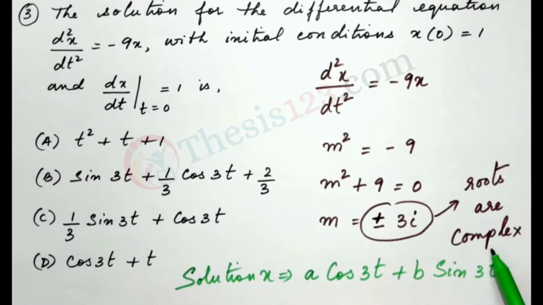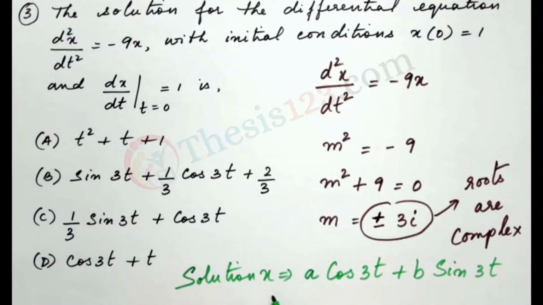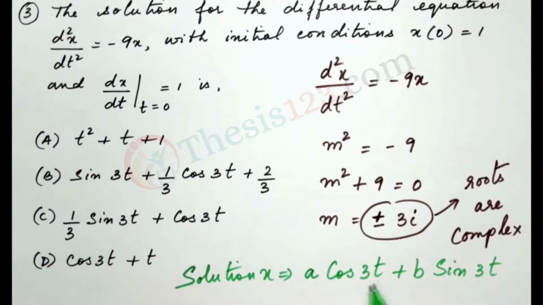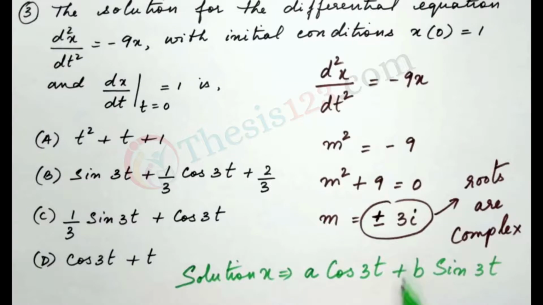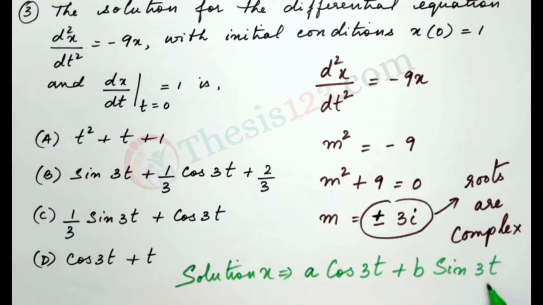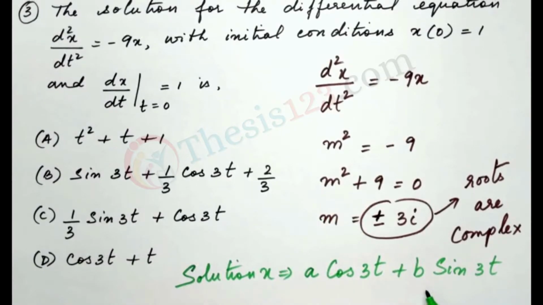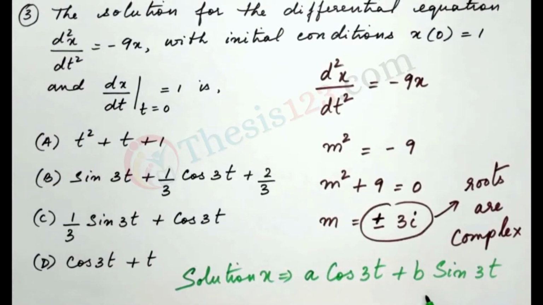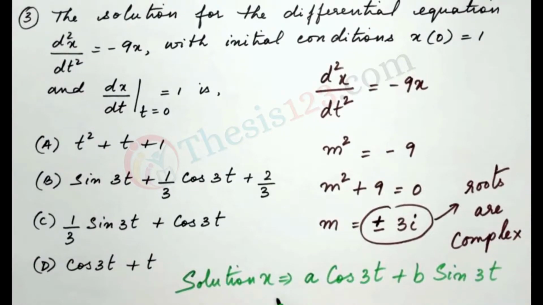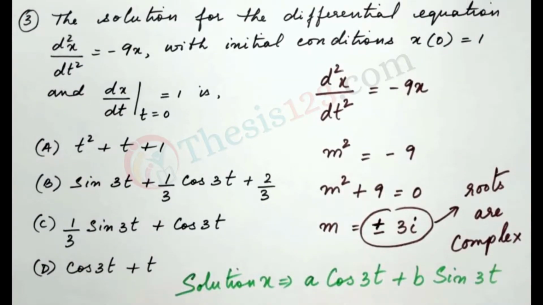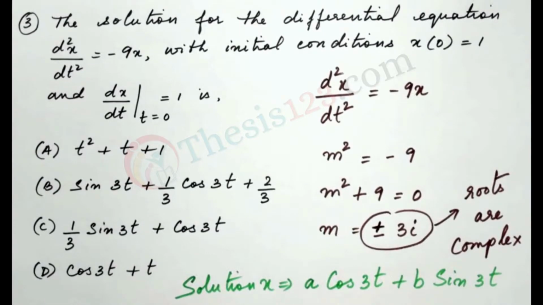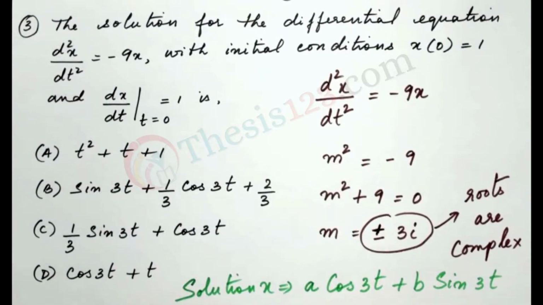When the roots are complex, the solution x is written as a cos 3t, because we have 3 here, plus b sin 3t. Now we will have to find out what the values of a and b are. That's going to be our next step. Since our solution is in the form of a trigonometric function, let's find the first derivative of x.